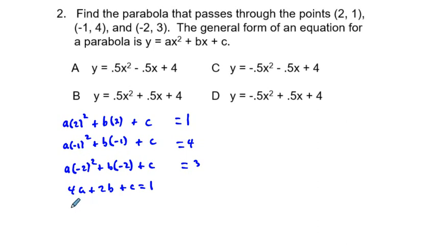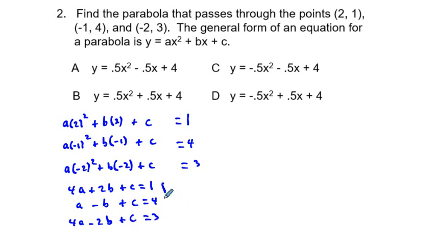And then for the next one, we have negative 1 squared is 1, so we have a minus b plus c is equal to 4. And finally, we have this last equation, 4a minus 2b plus c is equal to 3.